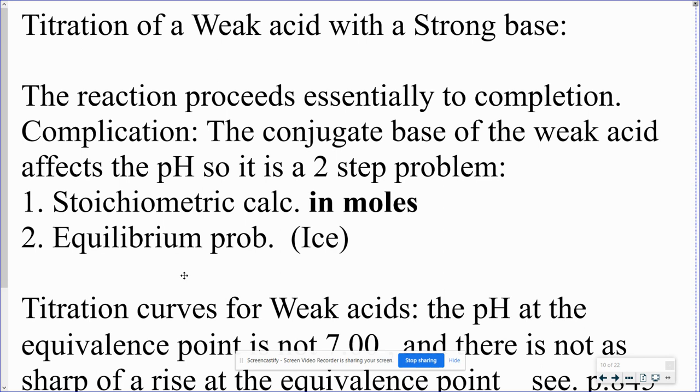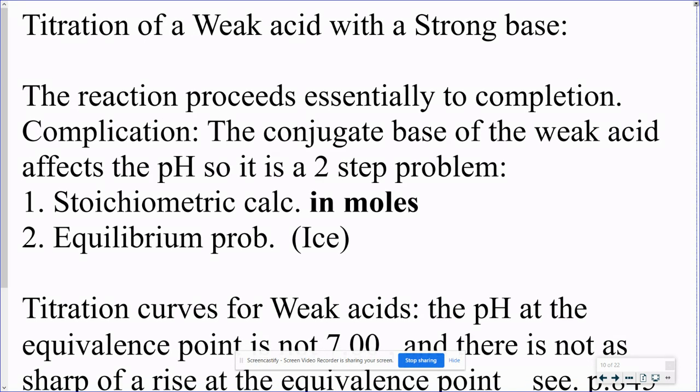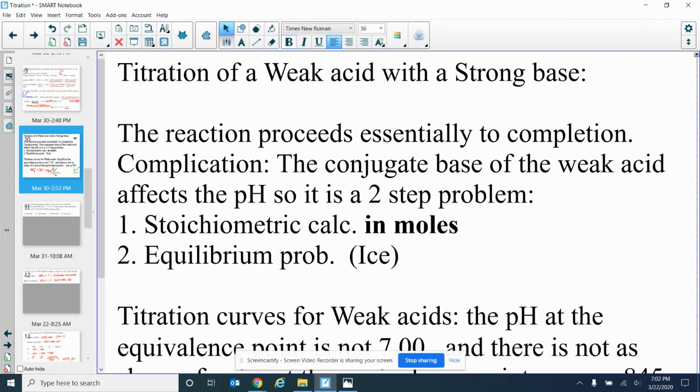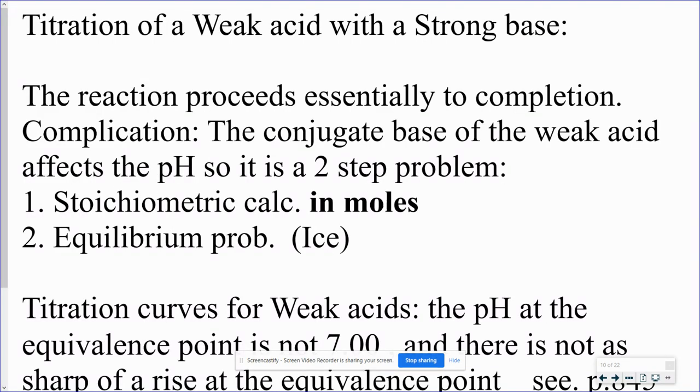But the problem is that when you react your weak acid, which we'll just call HA because it could be any weak acid, with a strong base, so all we care about from the strong base is the OH minus, you get not just water, but you get the conjugate base.